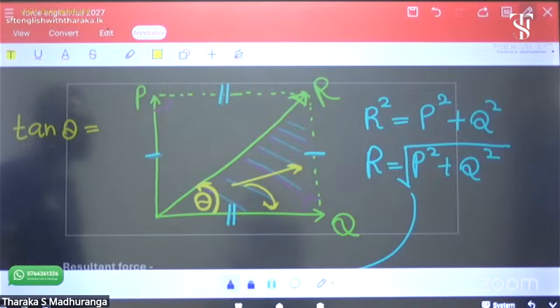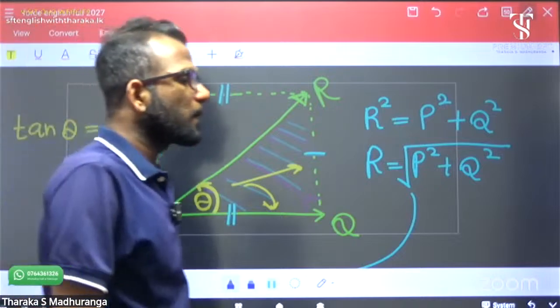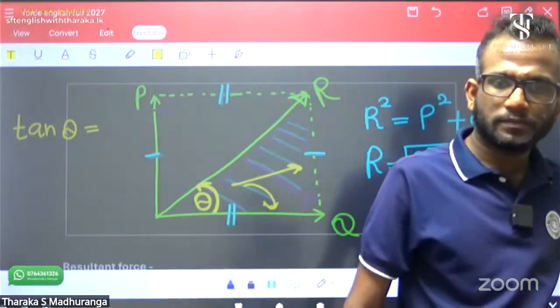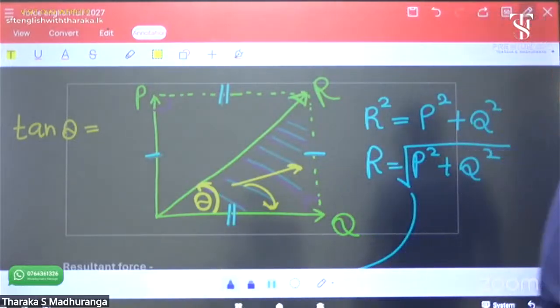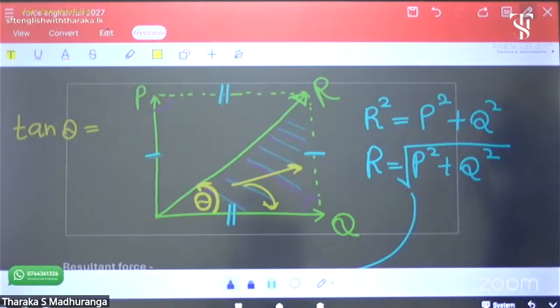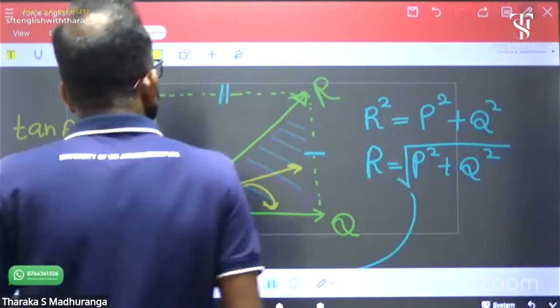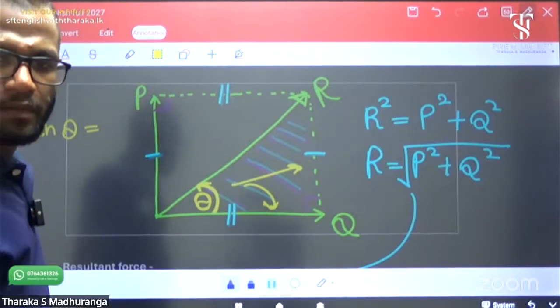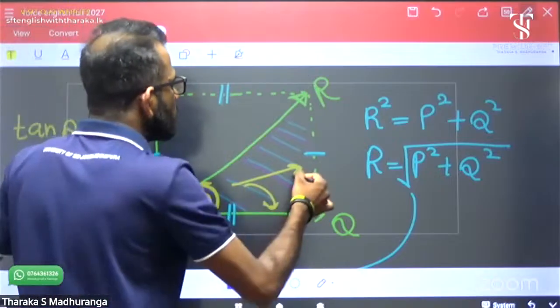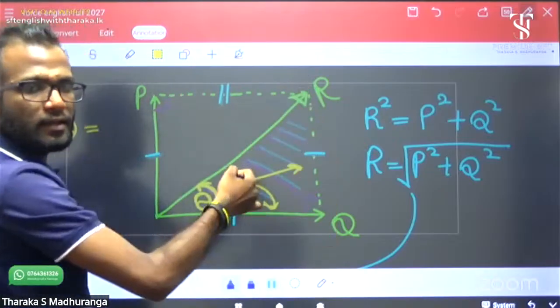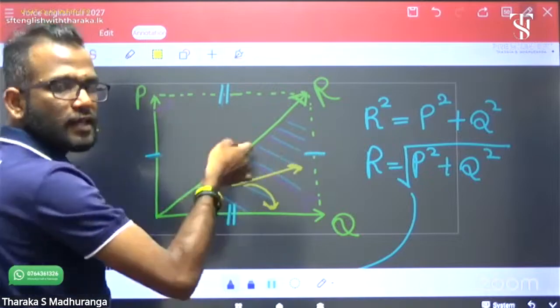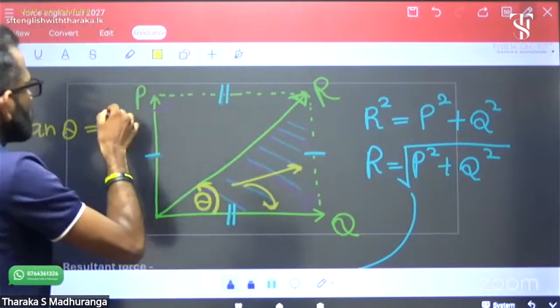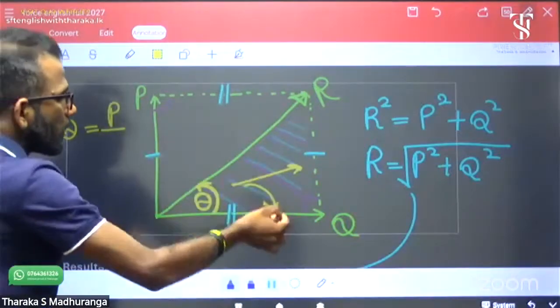Tan theta equals opposite over adjacent. What is the opposite? Yes, very good. It is P, because if it is a rectangle, opposite sides are equal, therefore this is opposite P over adjacent Q.